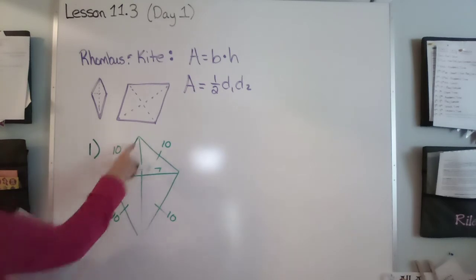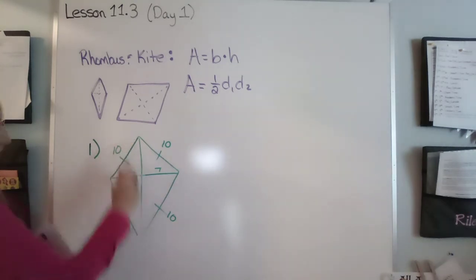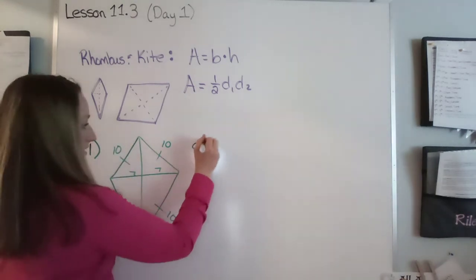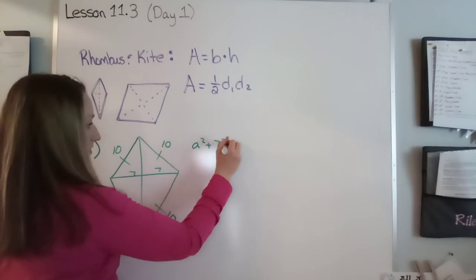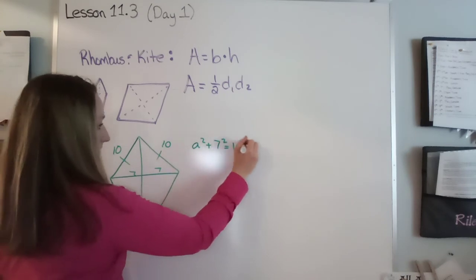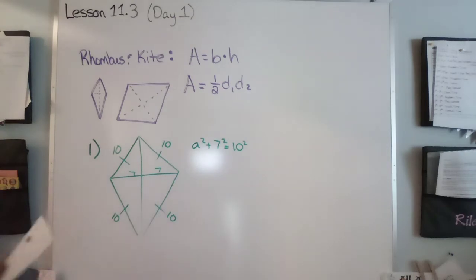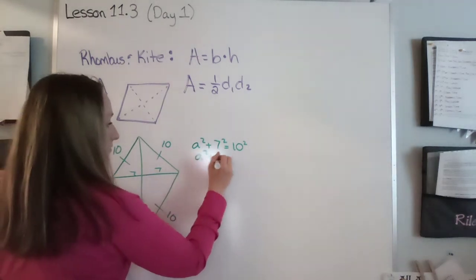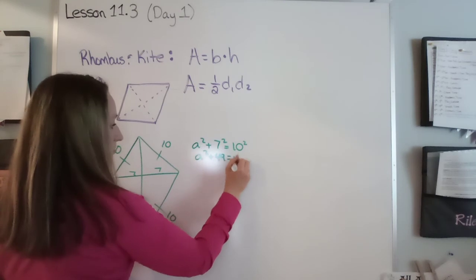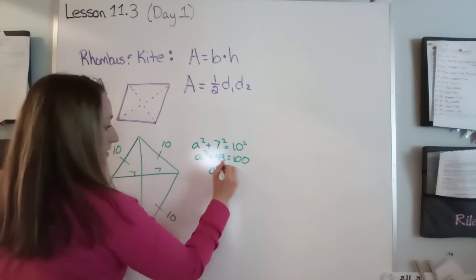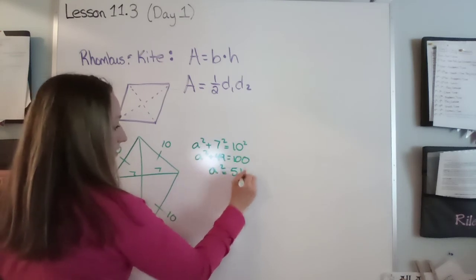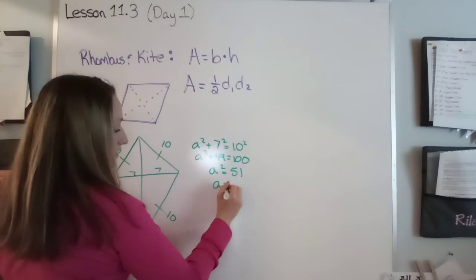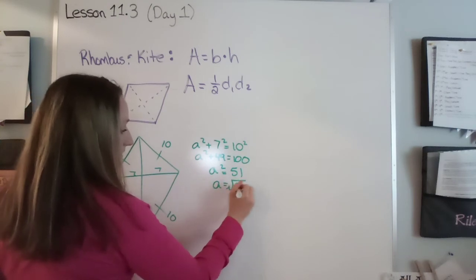We're going to be using the Pythagorean theorem to find the other diagonal length. A squared plus b squared equals c squared. A squared plus 7 squared equals 10 squared. So a squared plus 49 equals 100, subtract 49, and a squared equals 51. So a is equal to the square root of 51.